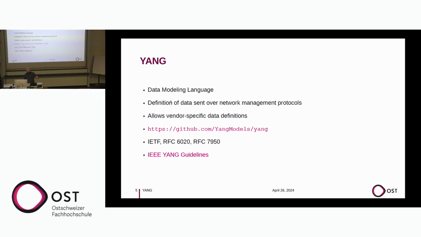So, Yang itself, it is many times called yet another next generation data model language. However, in the official RFCs and in the history, I could not find this term. So I'm not sure where this name comes from, if it was always there.